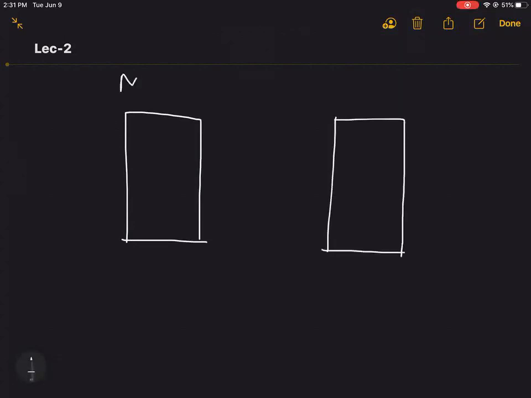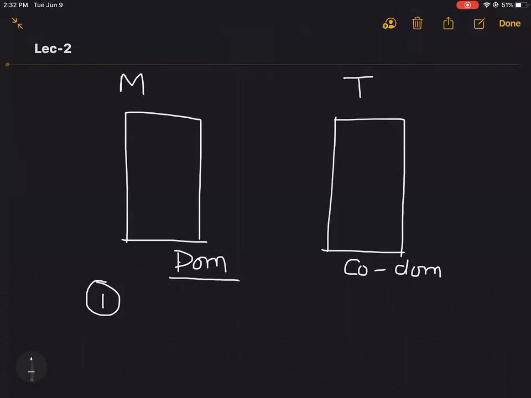If you remember the example of mango and tree, we said if all the elements of the domain, that's our domain of course, and that's our codomain, if all the elements of domain are related with codomain, then we need to check whether we have more than one element in the domain which is related to the same element of codomain.